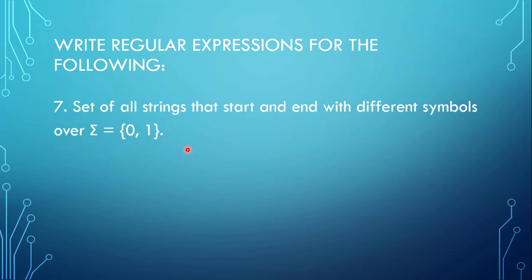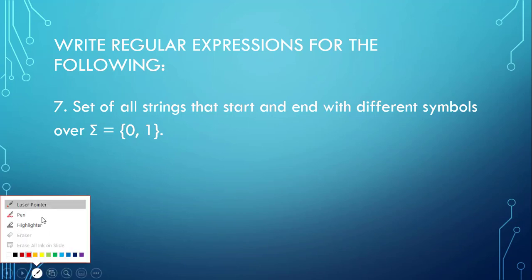Set of all strings that start and end with different symbols over the input 0, 1. Now here when we say different symbols, it means that it will have 0 as the starting and 1 as the ending position.